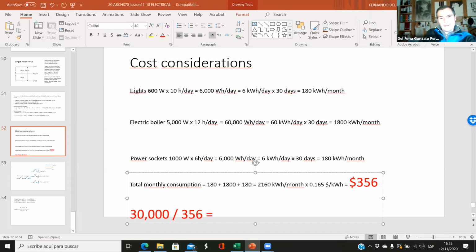So my return of investment, this is technical, is 30,000 divided by 356, which is 84 months, around 7 years.